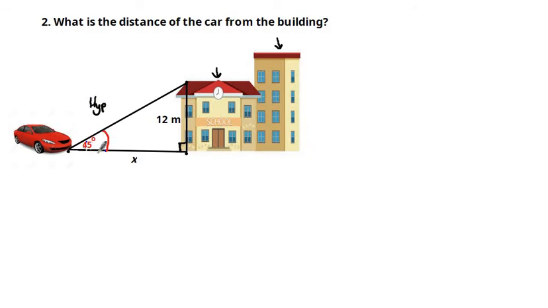The side that is opposite to the angle, which is this side in this case, is the opposite side, and then the remaining side is basically the adjacent. So if they want to find the distance of the car from the building, then they want to find the adjacent side, ADJ, and we are given the opposite side, which is 12 meters, for opposite.